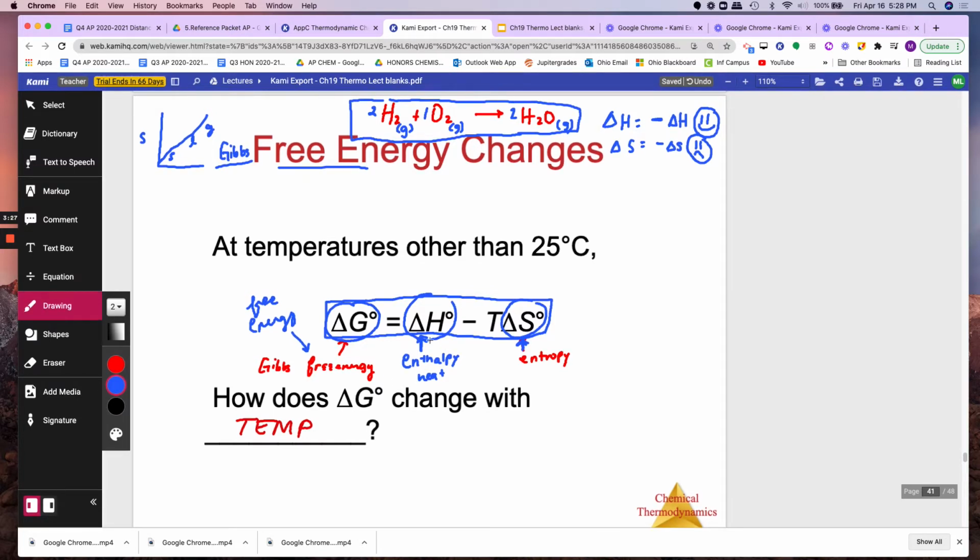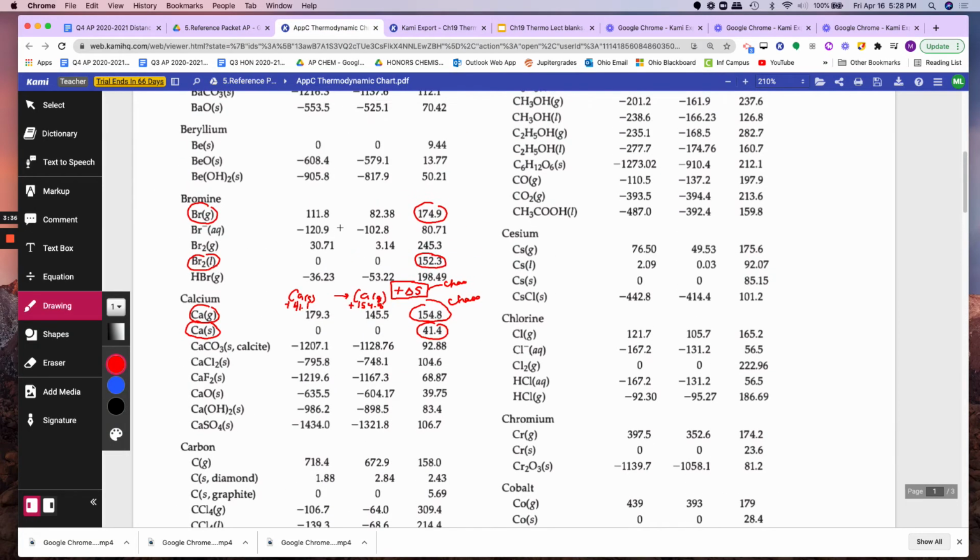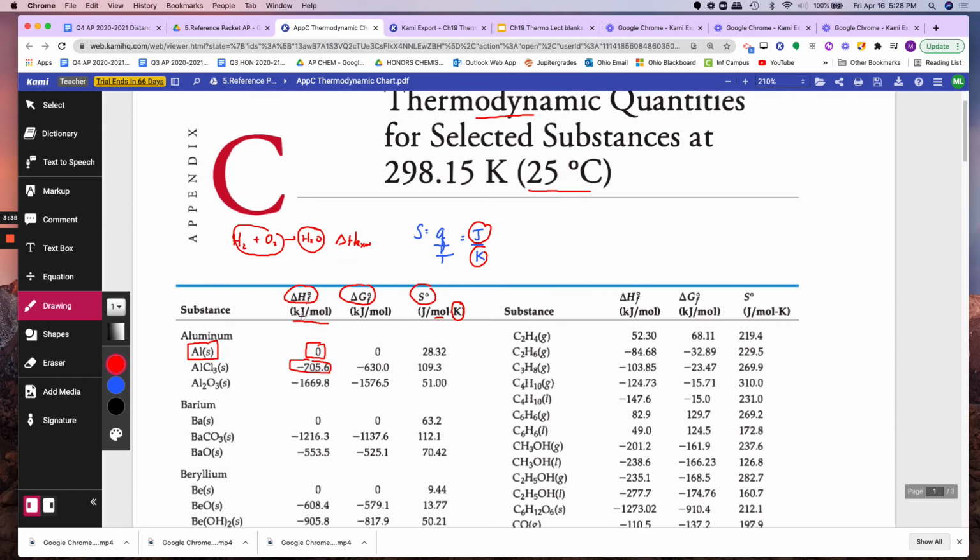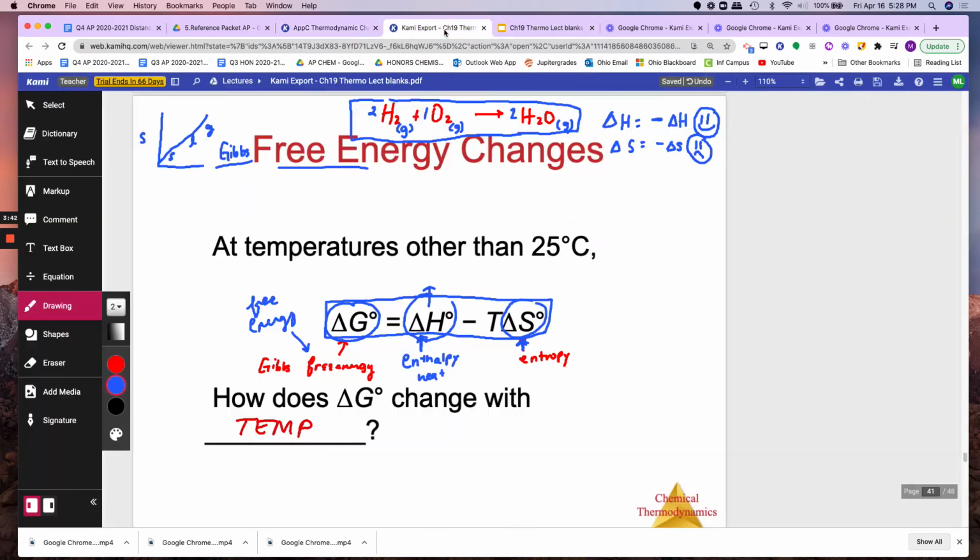You have to notice the units here. Delta H, if you look at the thermodynamic chart, has a unit of kilojoules per mole. Okay, so let me write that down. Kilojoules per mole.